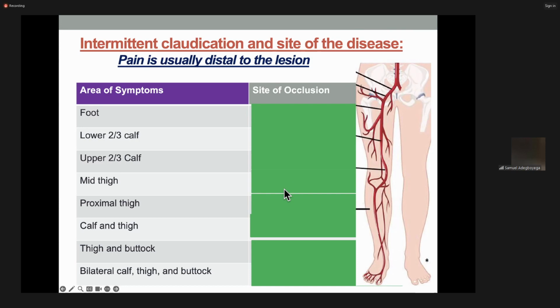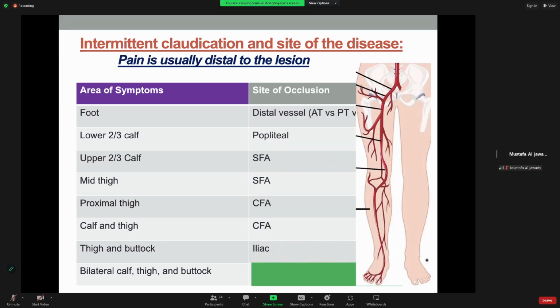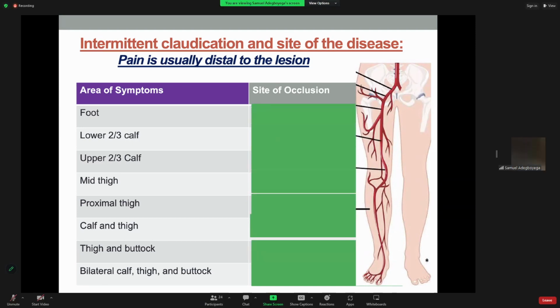A patient that is having thigh and buttocks pain, where do you think might be the site of occlusion? Iliac. Good job. You've been studying. A patient that's having bilateral calf pain, what could be the site of occlusion?